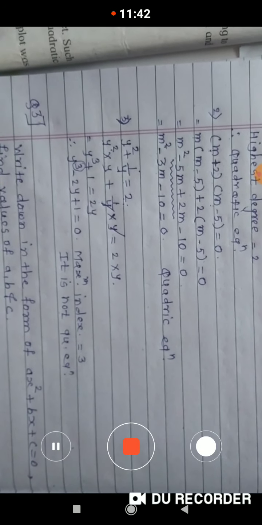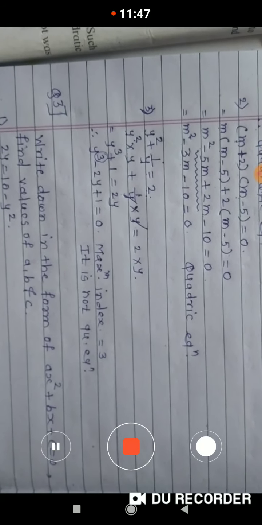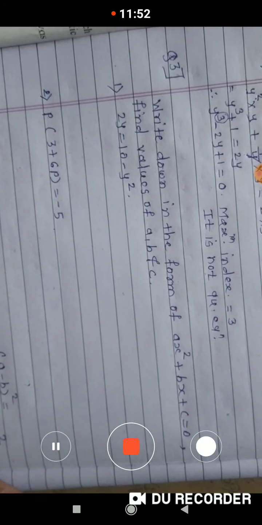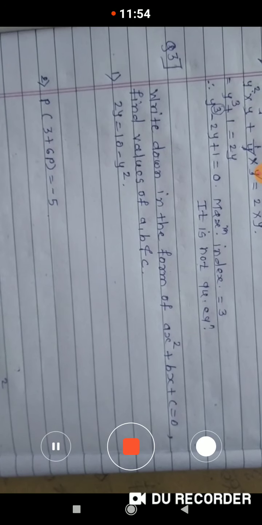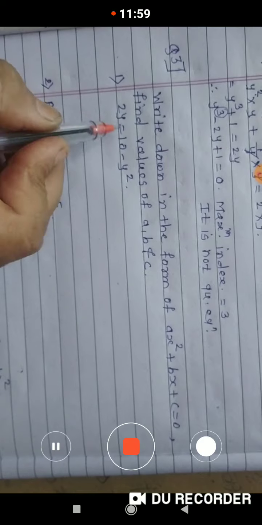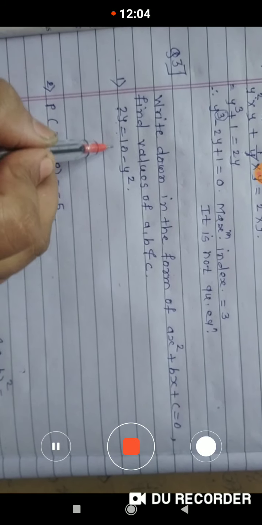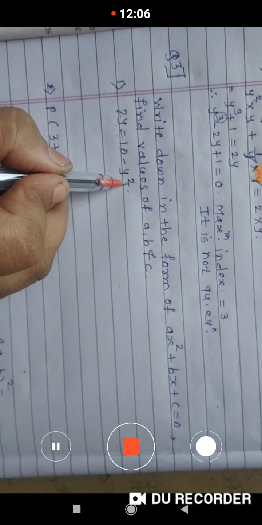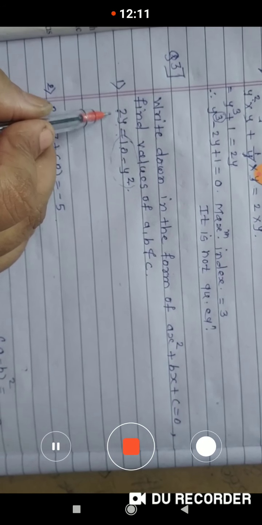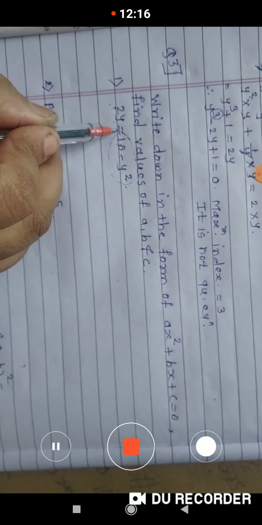Understand, student? Let us discuss question number 3. Write down the quadratic equation in the form of ax square plus bx plus c is equal to 0, and we have to find out the value of a, b and c. Okay, see here, the first example, twice y is equal to 10 minus y square. See, all these terms are transferred to the left side of the equal to sign.